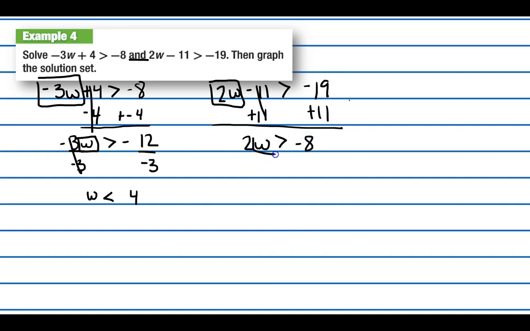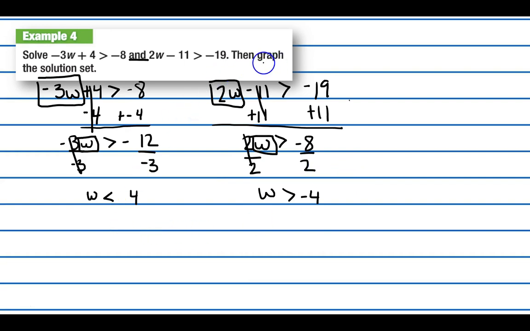I'm going to make my box smaller. Divide 2 to both sides. So w is greater than negative 4. The reason why the sign did not flip on this one is I did not divide both sides by a negative. I see that there is a negative here, but because I did not divide negative 2 to both sides, that's why I do not flip the sign.